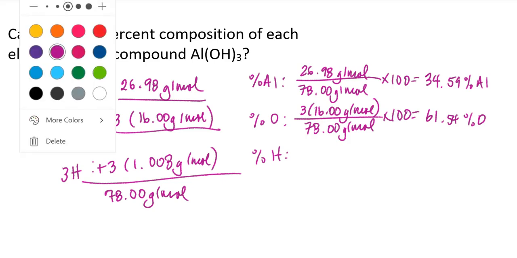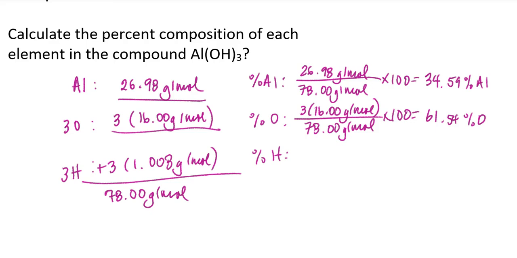And then lastly, to find the percentage of hydrogen, I would do the same thing. Basically, the hydrogen contributed 3 times 1.008 to the molar mass of the compound. So I would put that same factor in the numerator here, 3 times 1.008 grams per mole, and I'm going to divide that by the total molar mass of the compound.